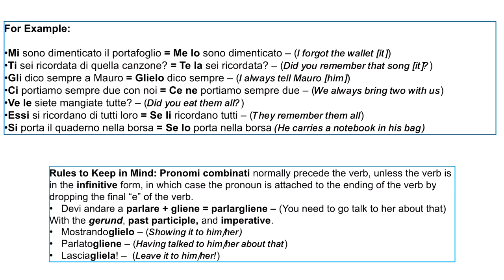You can rephrase this in a non-emphatic way by combining two pronouns: mi, for me, and lo, which refers to the wallet. So, mi sono dimenticato il portafoglio can become me lo sono dimenticato. And lo refers to the portafoglio.